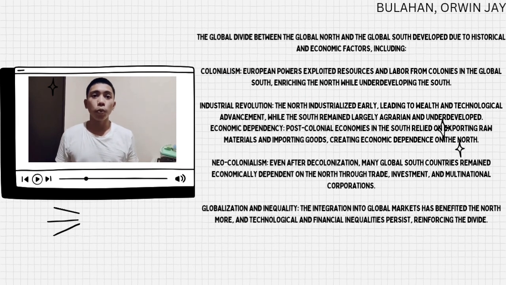The global divide between the global North and the global South developed due to historical and economic factors, including number one, colonialism. European powers exploited resources and labor from colonies in the global South, enriching the North while underdeveloping the South.